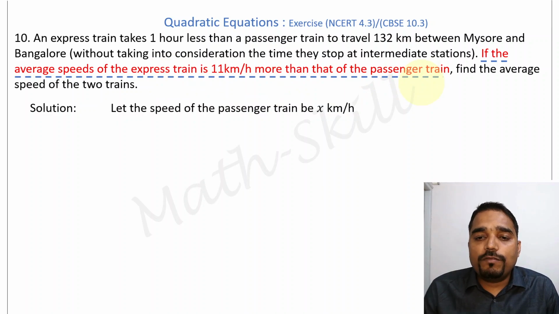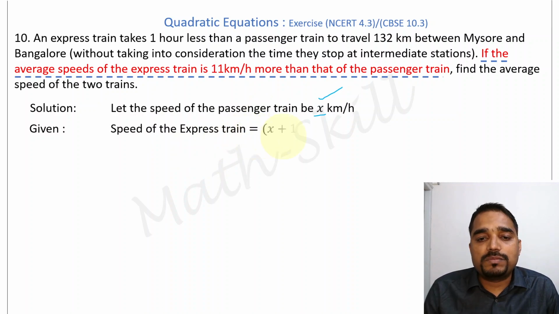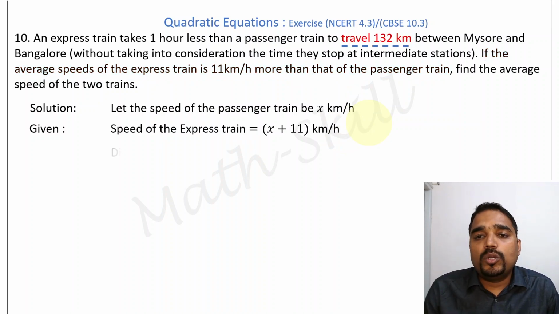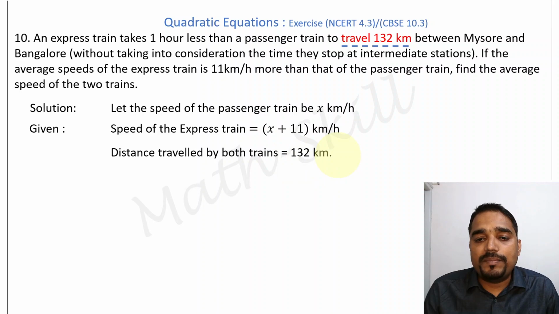Because we have assumed the speed of the passenger train as x kilometers per hour, the speed of the express train would be x plus 11 kilometers per hour. Also, he has given one more data with respect to the total distance traveled by the two trains. That is, the distance traveled by both trains is the same, which is equal to 132 kilometers.